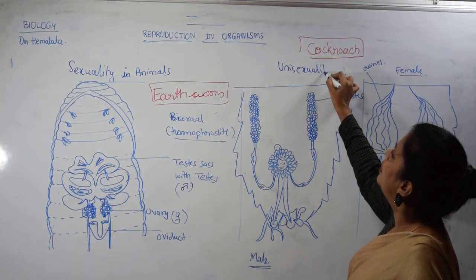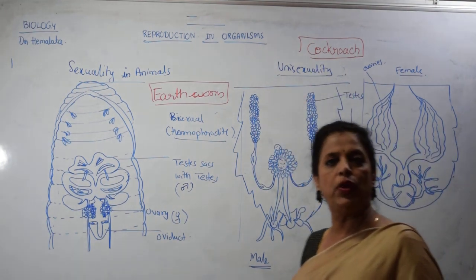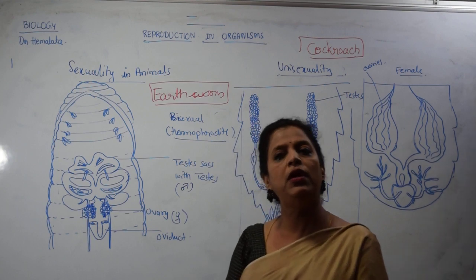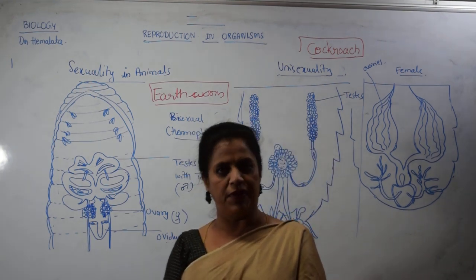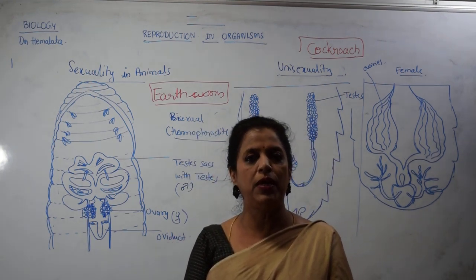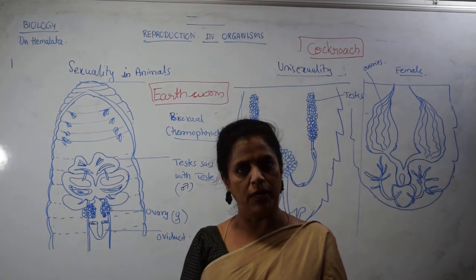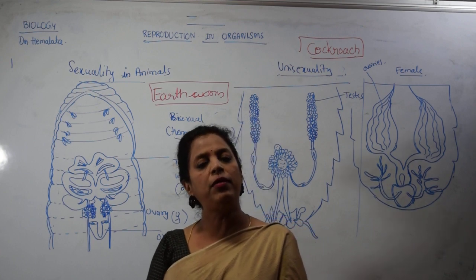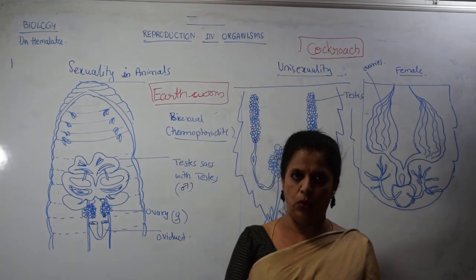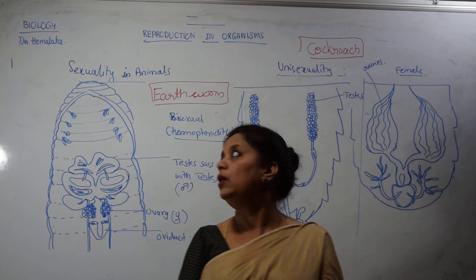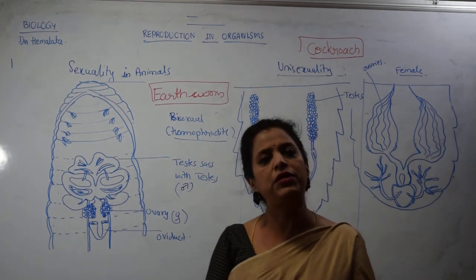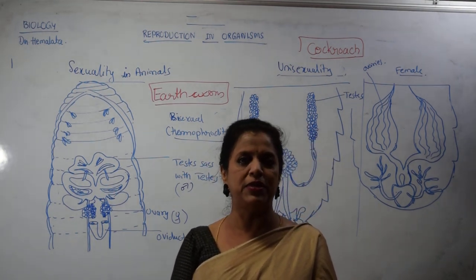Apart from that, they show sexual dimorphism. Male and female organisms are different. There is separation of male and female organisms sexually and morphologically. Therefore, sexual dimorphism is observed in the cockroach and other higher animals. But in the earthworm, it is bisexuality because both sex organs are present together.